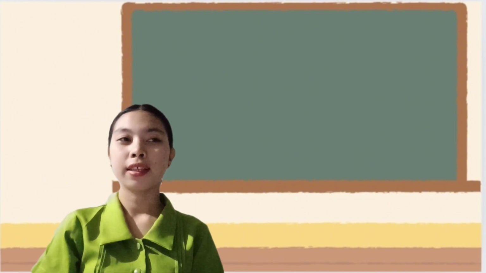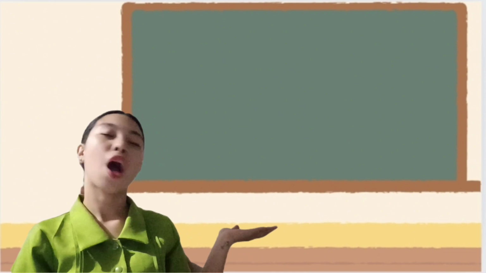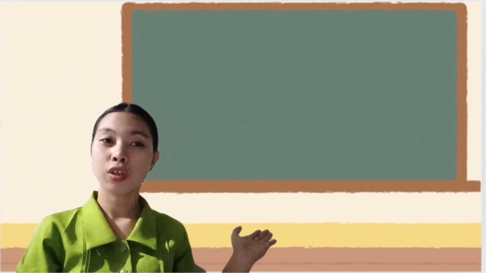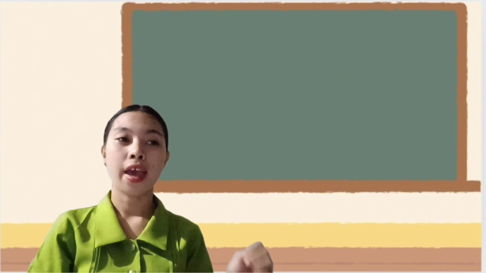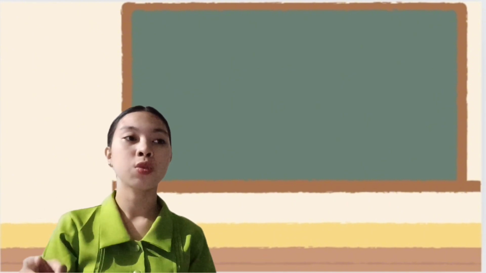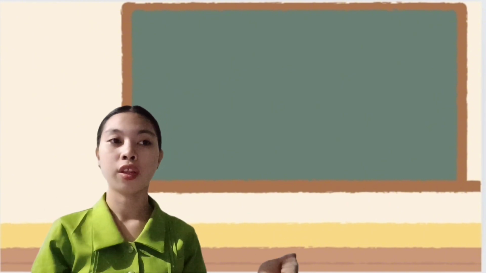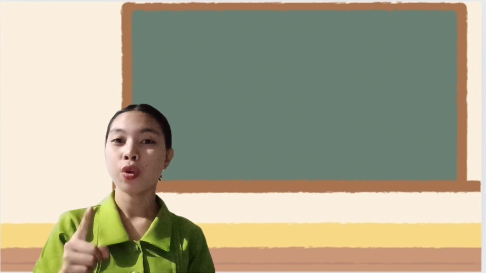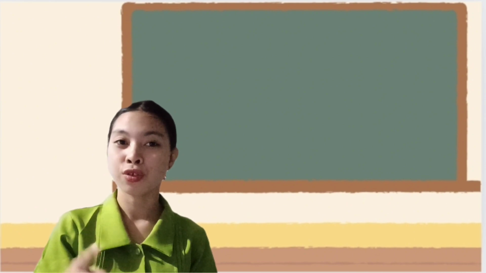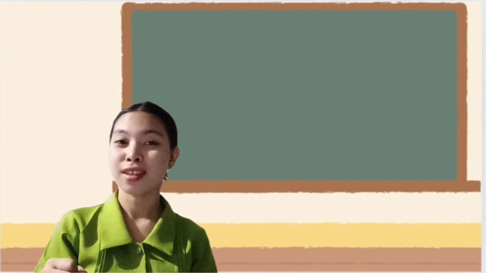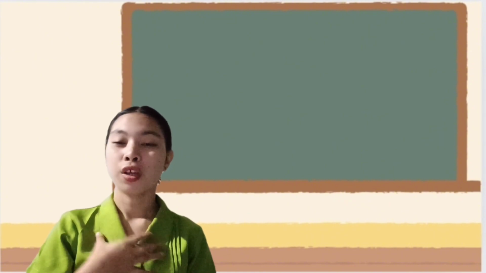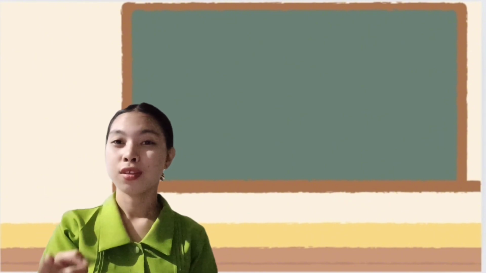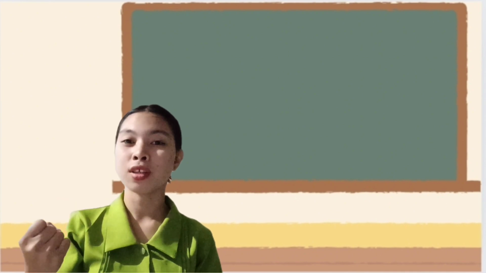For our mechanics, I will post here on our blackboard the definition of the materials and tools that are needed in food processing, and you will just have to guess the answer to the definition. But before you answer, you need to raise your hand and dance so that I will know which group will answer.